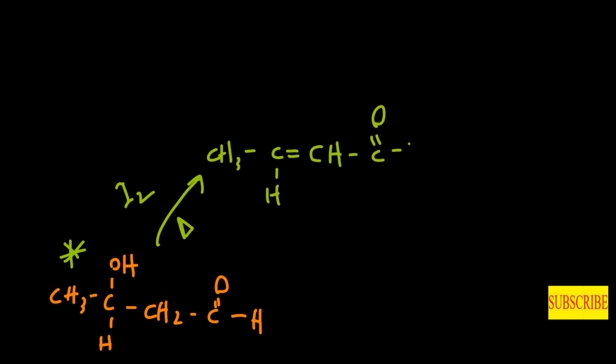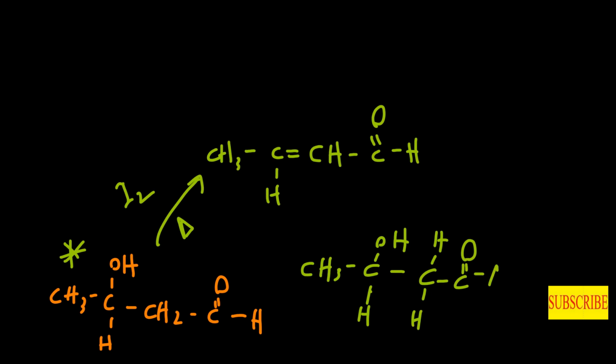I will show you how this is happening. We can see this compound. This one is known as the aldol compound. And then you need to eliminate one H2O molecule like this from this aldol compound. Then you will have this final product.